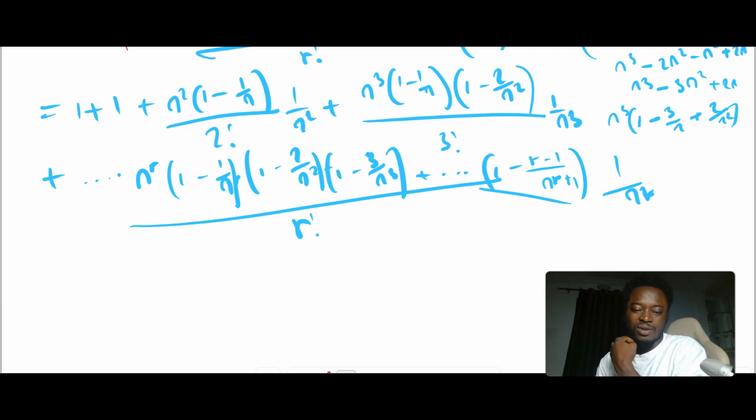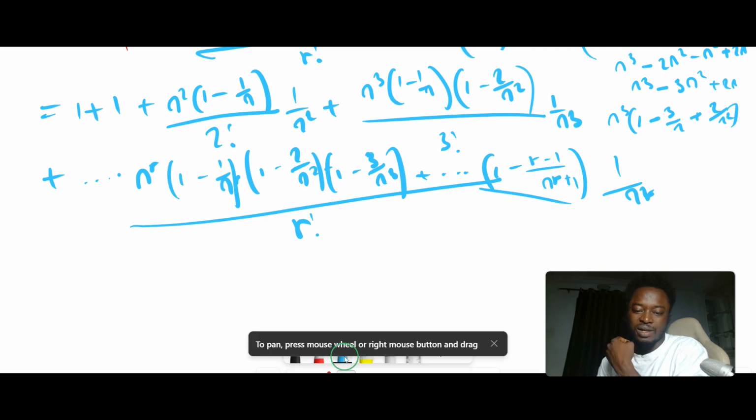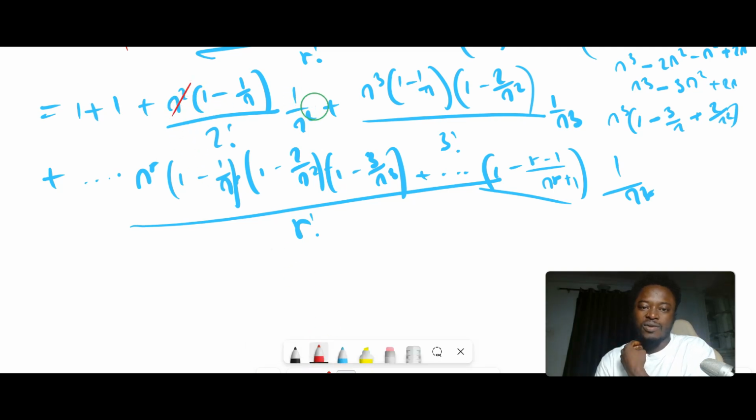We are going to cancel some things. We cancel n squared here, n cubed here, and so on.